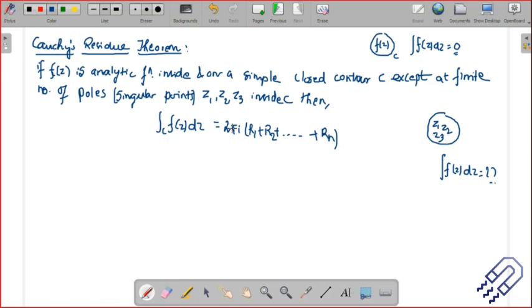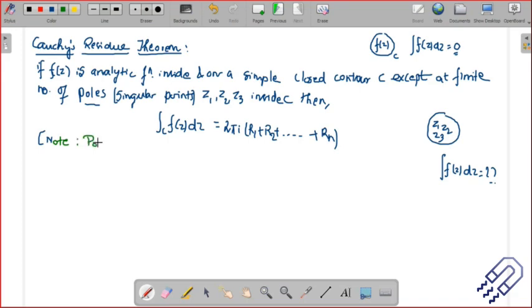I can simply write it as 2 pi i times the residues. Now we are going to see how to find the pole, the order of the pole, how to know whether it is a simple pole or not, and then how to find the residue. Very, very important. Every year, one or two questions are a must from this topic, whether it's your entrance exam or a normal exam.